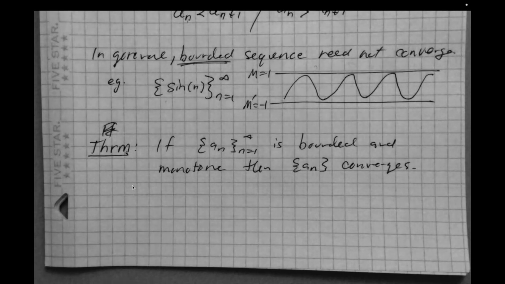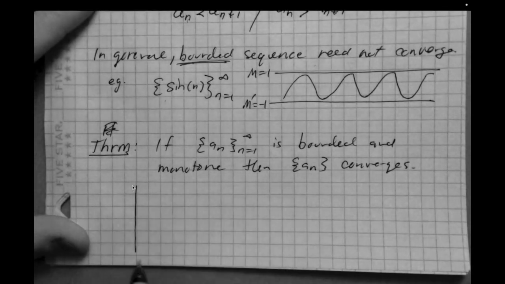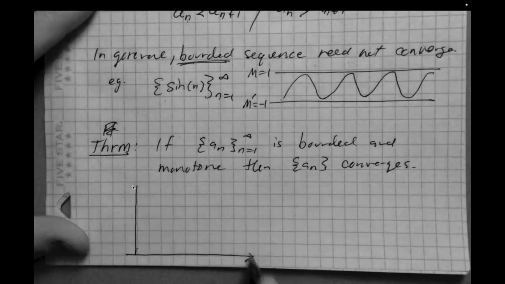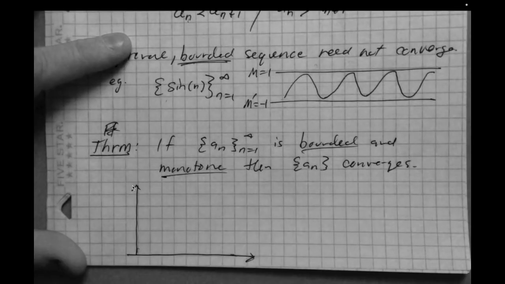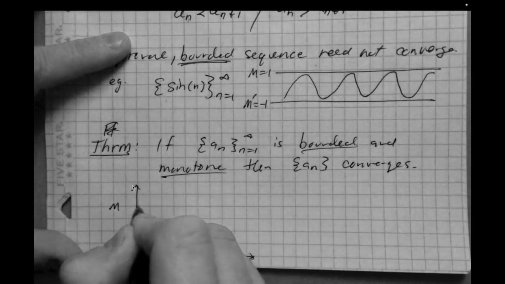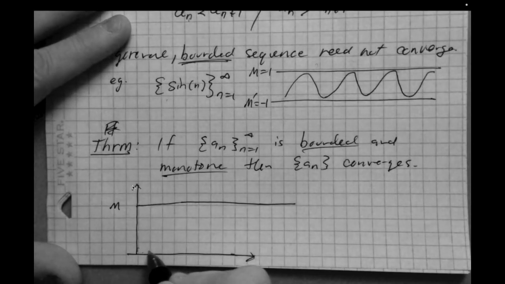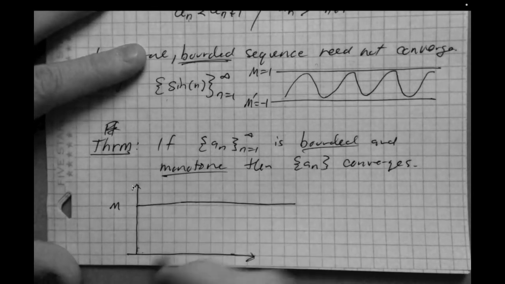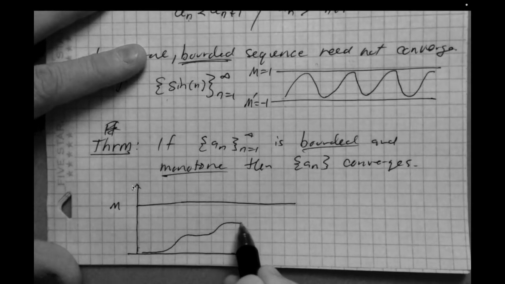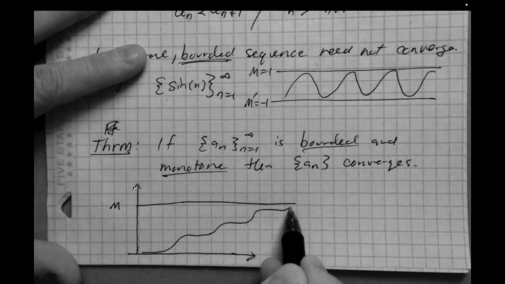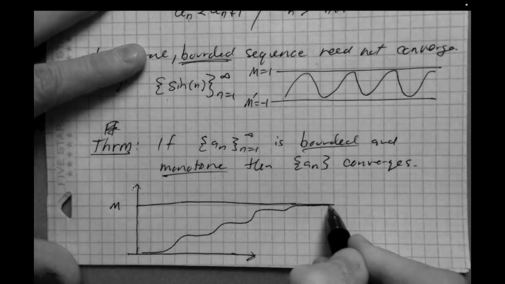Hopefully this is an intuitive idea. I think this is visually obvious when you think about what these two terms mean, bounded and monotone. Let's say it's monotone increasing and bounded above. So maybe we've got an upper bound here. The sequence can only go up or stay flat. If it can only go up or be constant, then at some point it's going to reach some level, and remember, it can't ever come down.